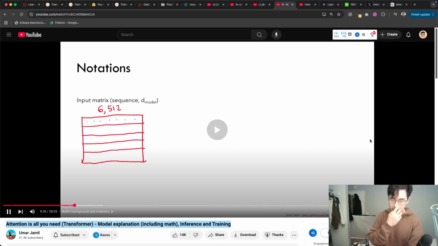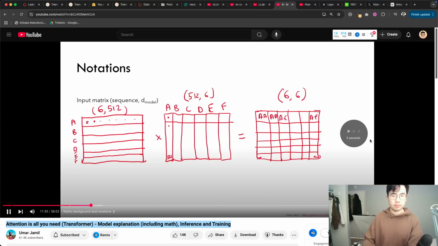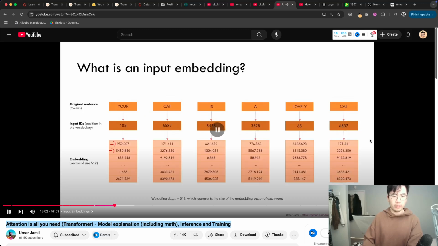Of them along this row, 512 keys. The dot product of the first of them with these words. Yeah, these visualizations are really nice.